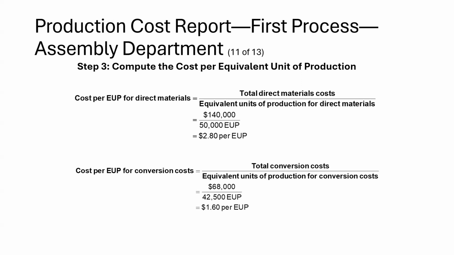The cost per equivalent unit of production for direct materials, you see here, is $2.80. And then you have the cost per equivalent unit of production for conversion costs at $1.60 per EUP.